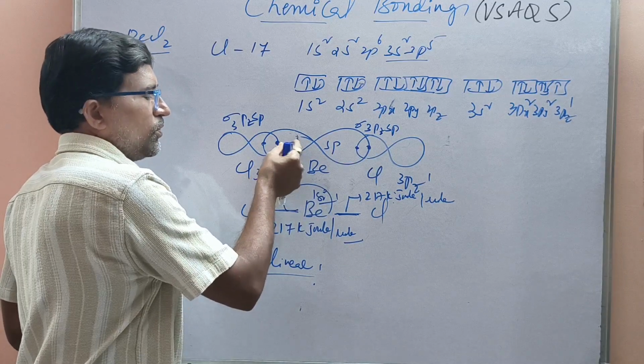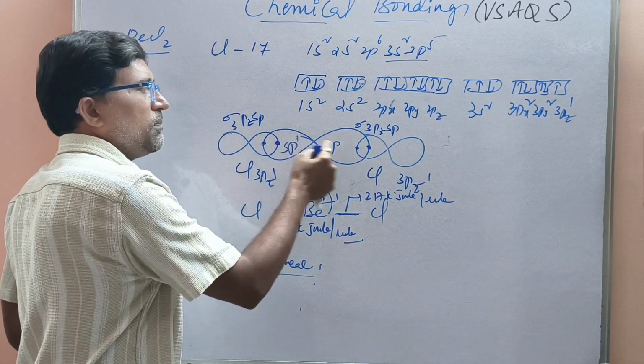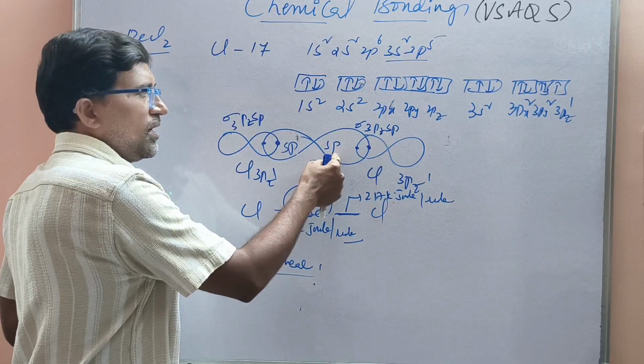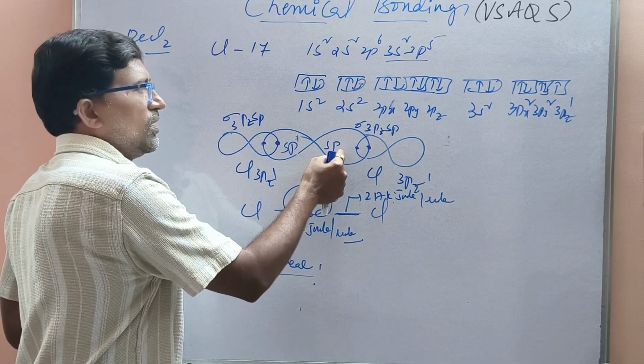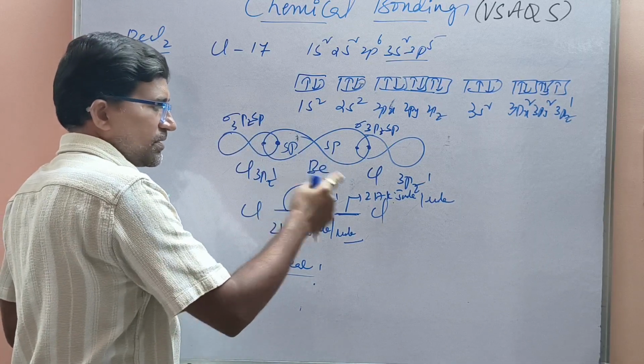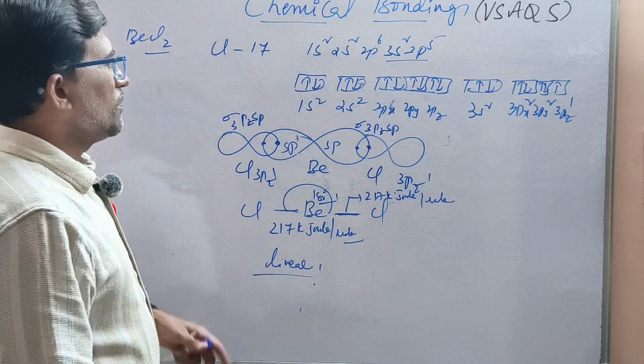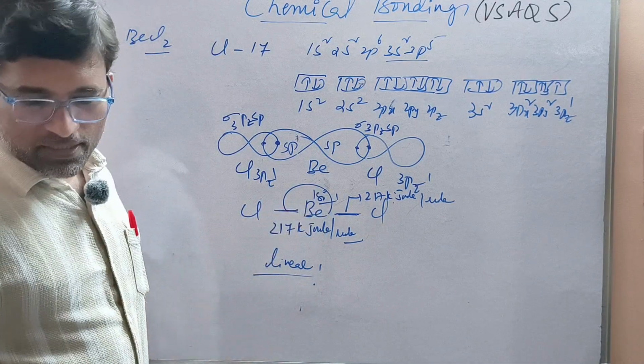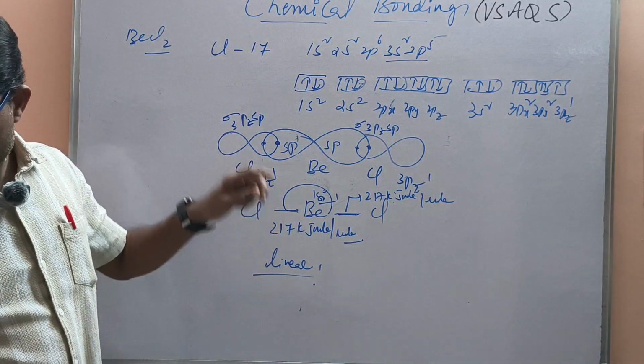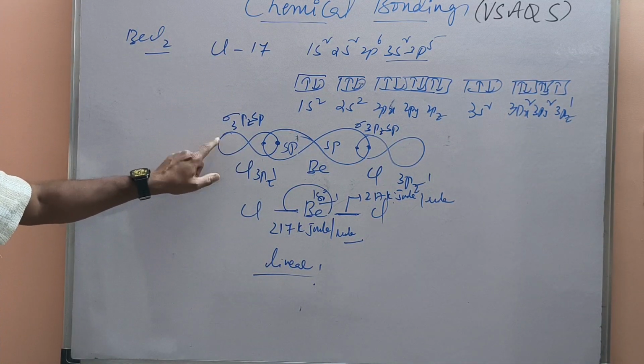In both cases, it is the pz orbital of chlorine and the hybridized orbital of beryllium. Hence both have the same bond length. Bond length and bond energies are the same.